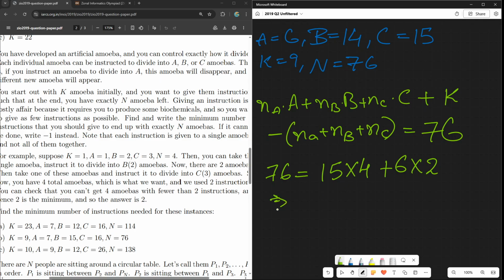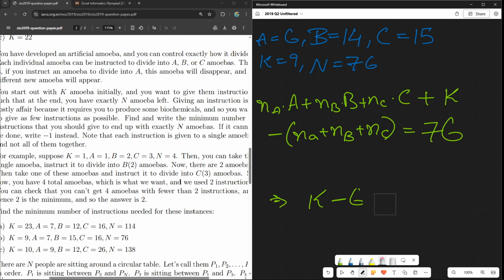And n of a plus n of c plus n of b is 6, so k minus 6 will be 3, right? Yeah, 9 minus 6 is 3. Now 60 plus 12, 72 plus 3 is 75. We are close to it, but we are not at 76. So this is probably not the answer. This is one thing, right?